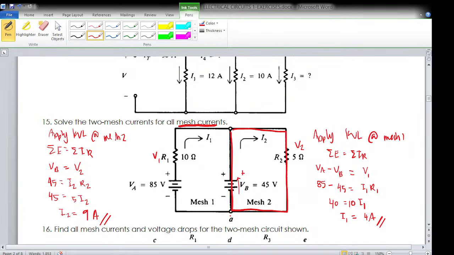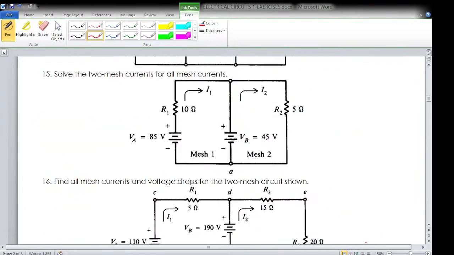So, solve the mesh current first before the voltage drop. To solve for the voltage drop, just multiply the mesh current passing through the resistor by the value of the resistance. Can you follow? Yes, ma'am.